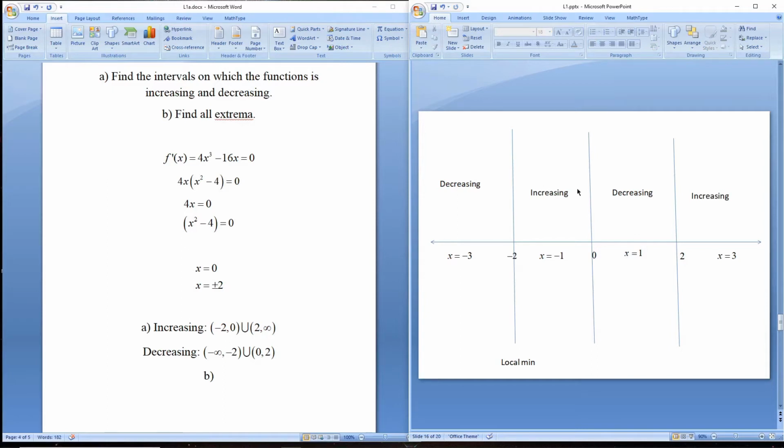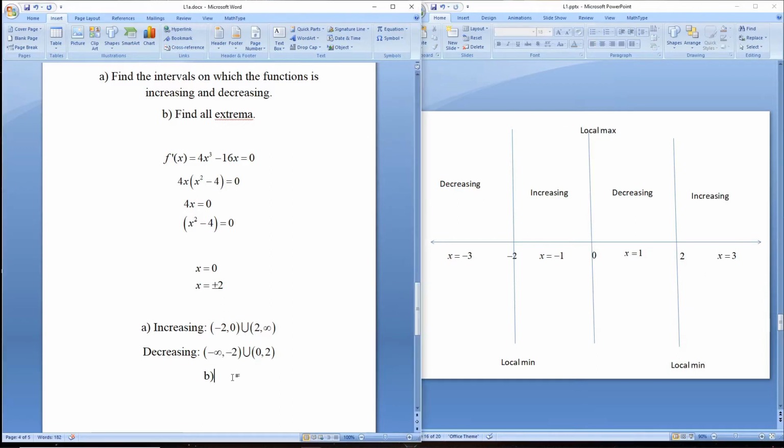We increase to a max. We decrease to a min. And there's our local extrema.